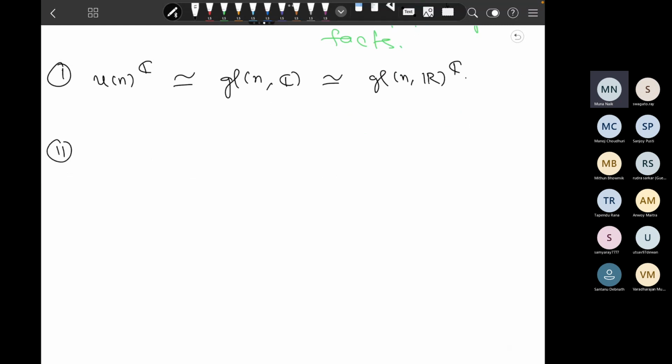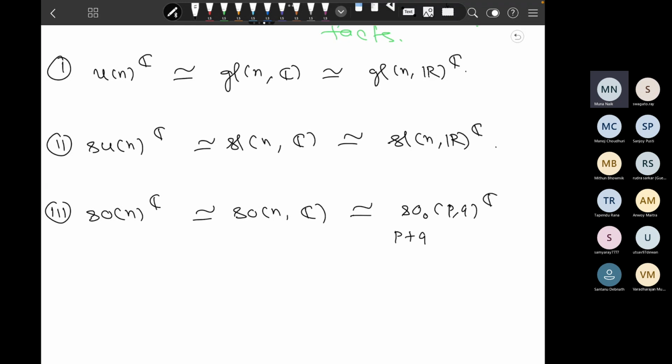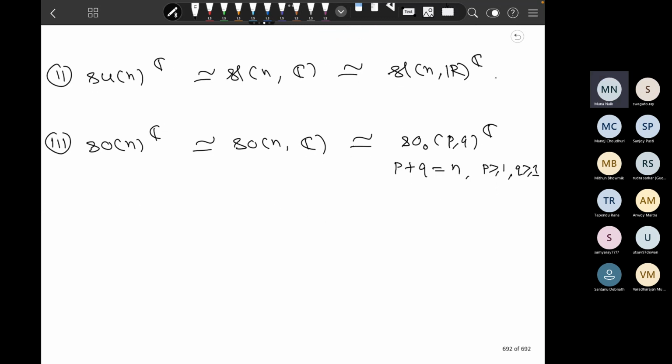Second thing is SU(N)^C is SL(N,C), and SL(N,R)^C. Third thing is what we got: SO(N)^C, really SO(N), and SO(P,Q)^C, and here you have to make this restriction: P plus Q is equal to N, P greater than or equal to 1, Q greater than or equal to 2.